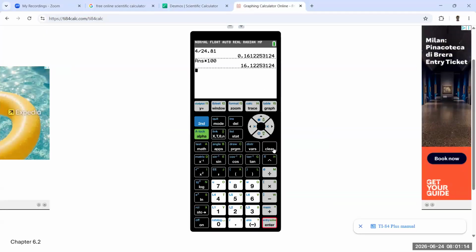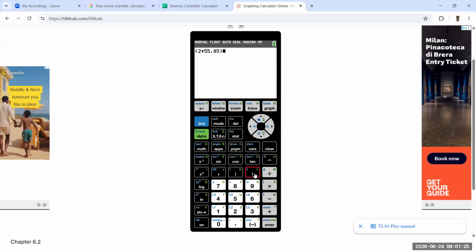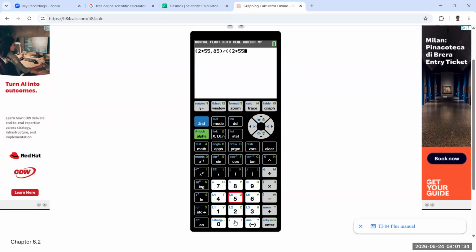Okay, I'm going to clear this. We're going to say, watch the parentheses, 2 times 55.85, close parentheses, divided by, I'm going to have 2 parentheses here, 2 times 55.85, right?